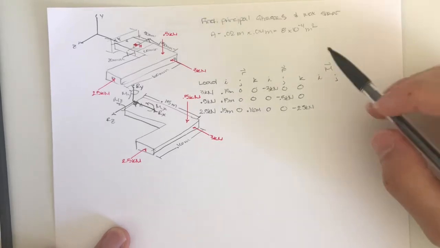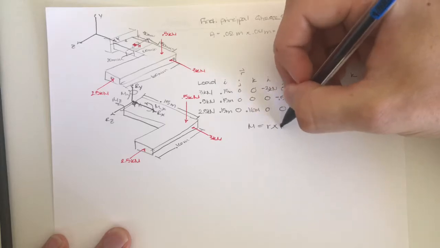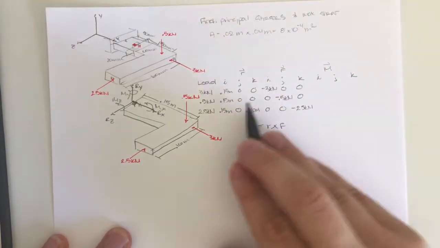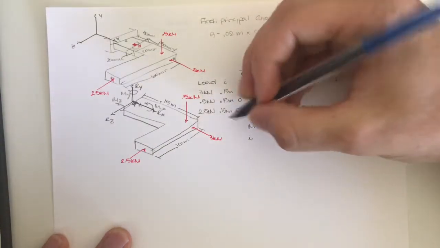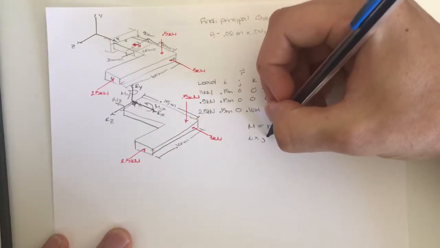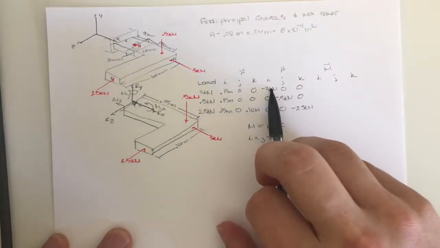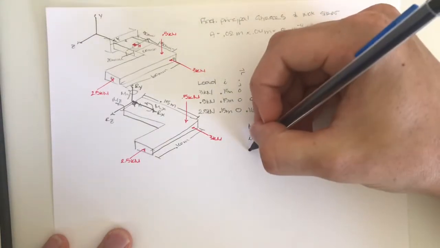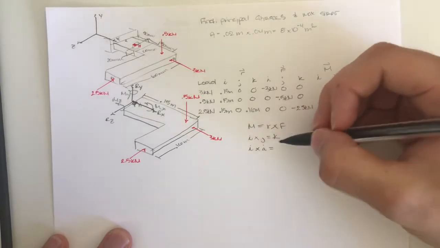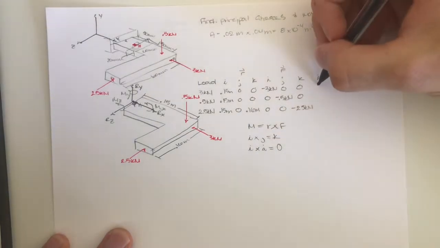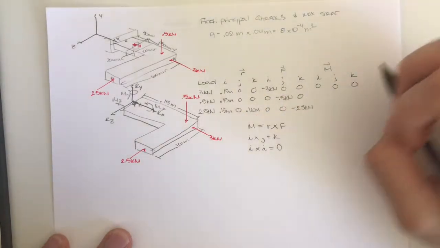As for the moment, we know that the moment equals r cross F. So I'm going to do the cross product here and figure out these moment values. We know that i cross j equals k, and we have an i value here and an i value here. So i cross i is equal to 0, which means there's no moment for this load.